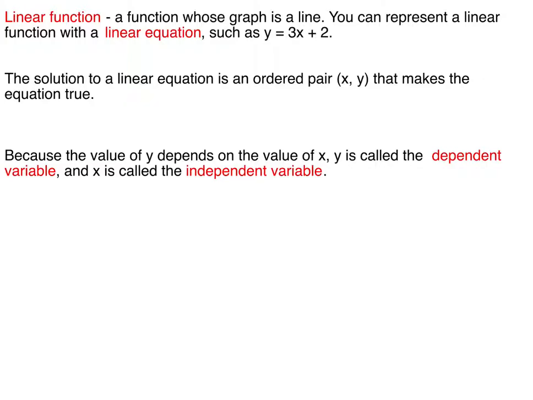This is because we're talking about it in terms of a function. You might be thinking, well, I could pick a y and then solve it for x, right? Well, yeah, you could, but when it's a function, it's really important that you specify what is your input and what is your output. So you really need to make this distinction between dependent variable and independent variable when you're dealing with a function.